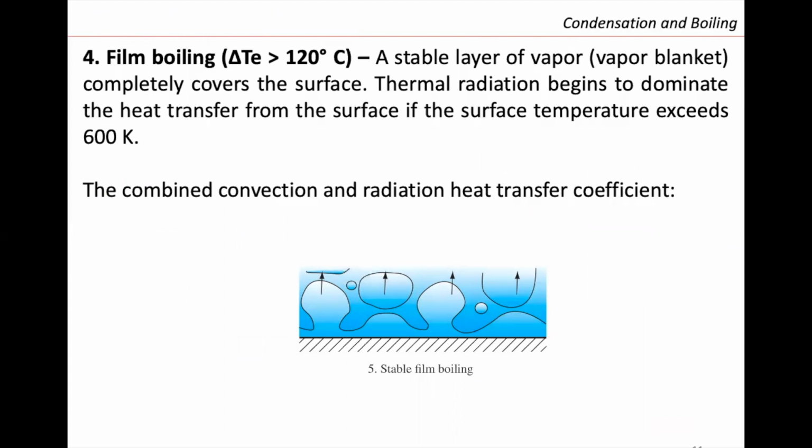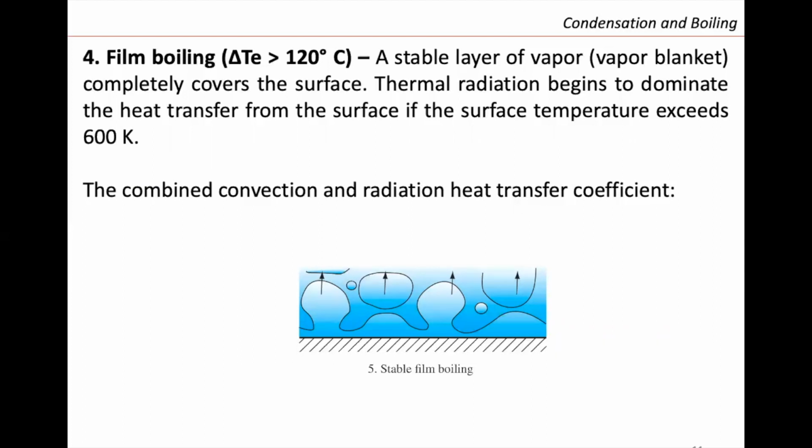In this case, thermal radiation begins to dominate the heat transfer from the surface if the surface exceeds 600 Kelvin. Then in this area, you need to use heat transfer coefficients that involve both combined convection and radiation effects. So you need to add the contribution due to radiation.